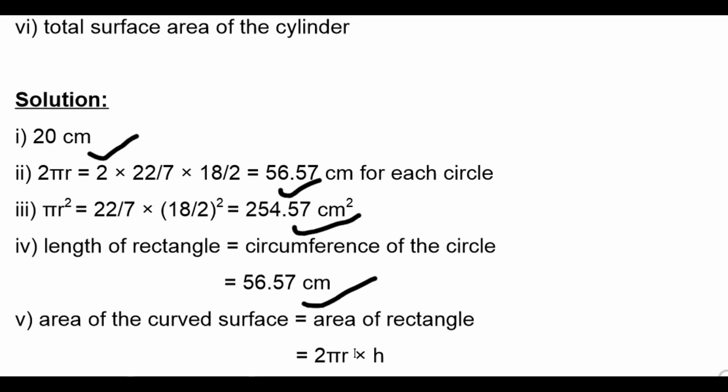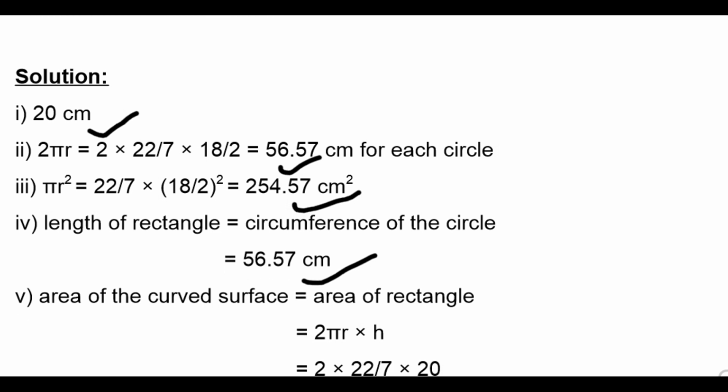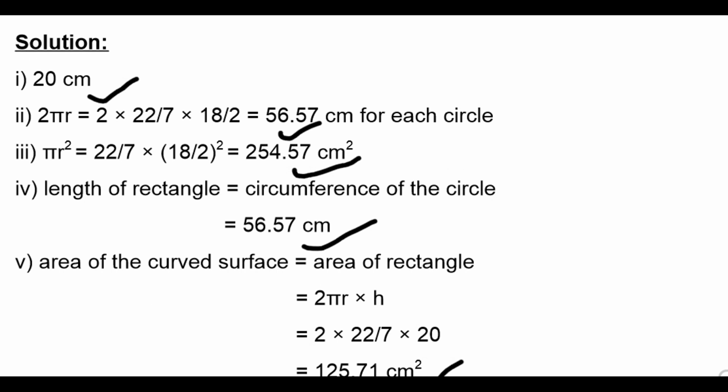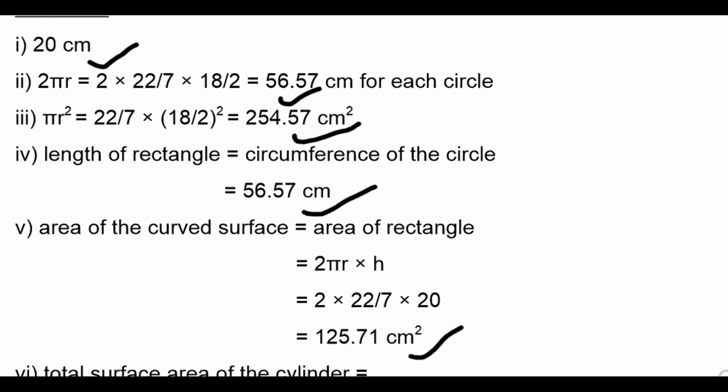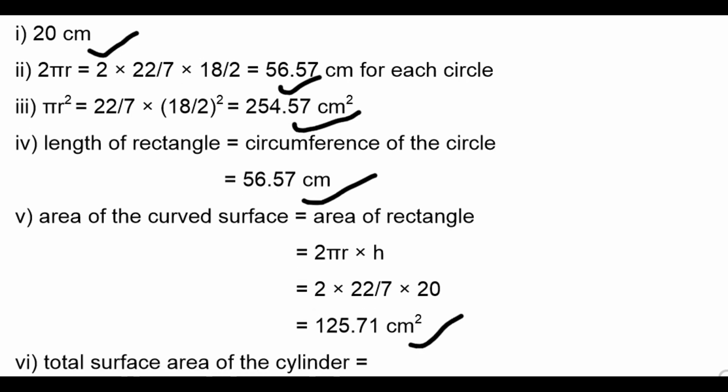This 2 pi r is the length of the rectangle, which is the circumference of the curved surface, times the height of the rectangle, which is the height of the cylinder. So if we simplify that, we have 125.71.